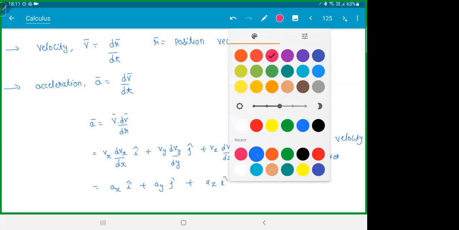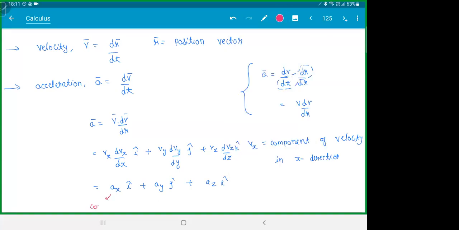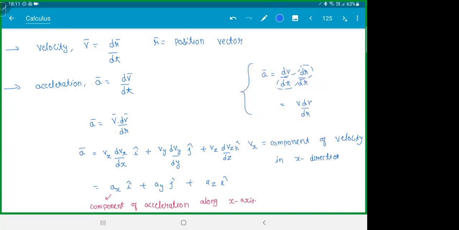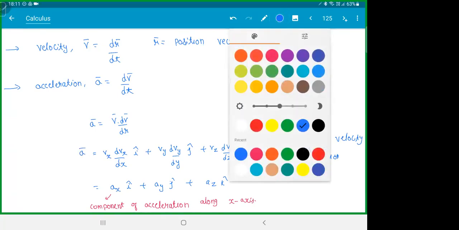So this ax is the component of acceleration in x direction. Acceleration is a vector, so it can have 3 directions. Have a look at this. For acceleration, there are two formulas: a is equal to dv by dt, and a is equal to v dv by dx.